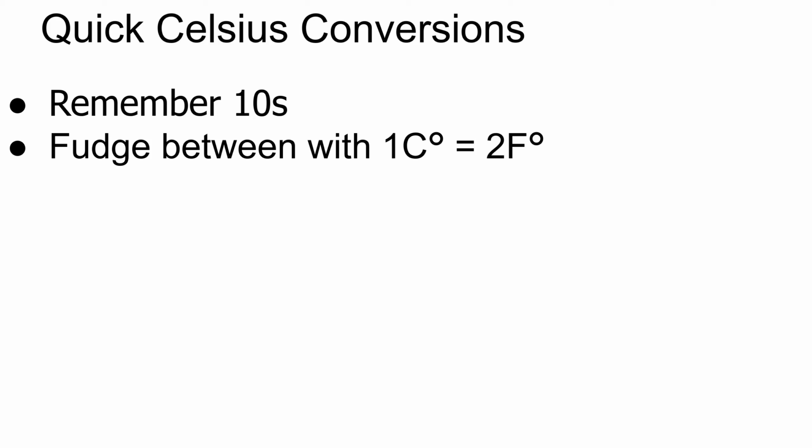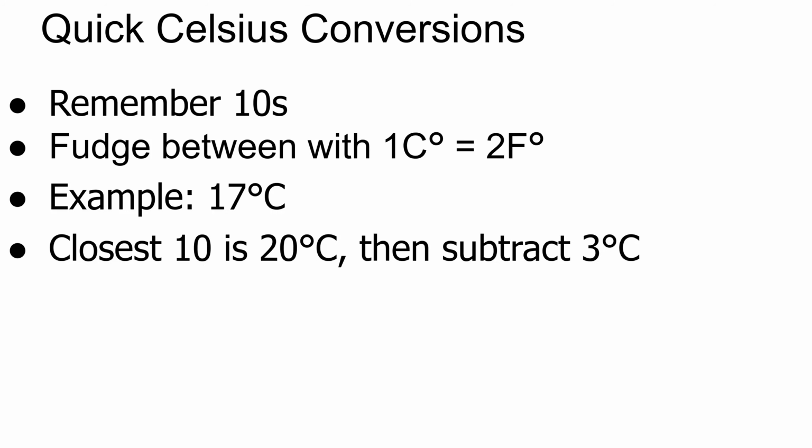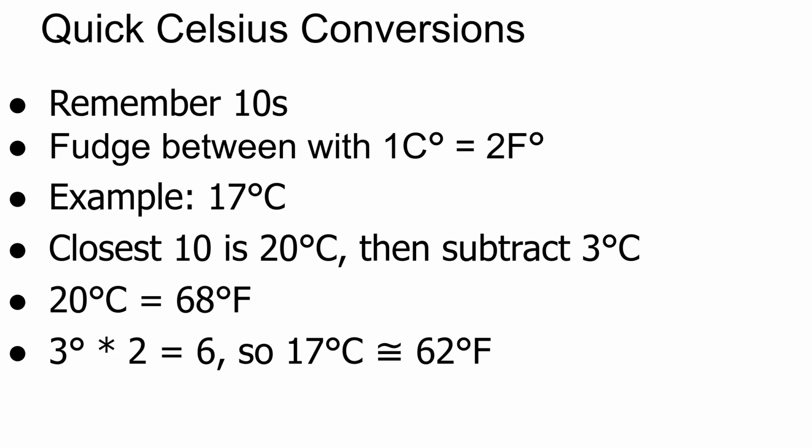Let's do another one. Remember the tens. Fudge in between with 1 Celsius equals 2 Fahrenheit. 17 Celsius. The closest is going to be 20, and then we're going to subtract 3. So 20 degrees Celsius equals 68 Fahrenheit. 3 times 2 equals 6. We're going to subtract that, because we're going from 20 down to 17.